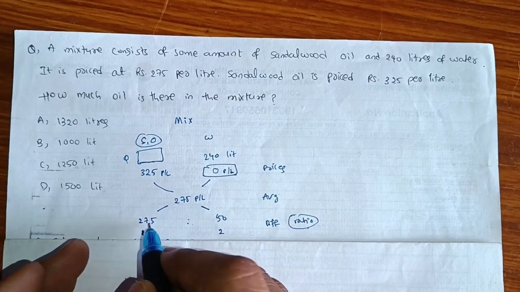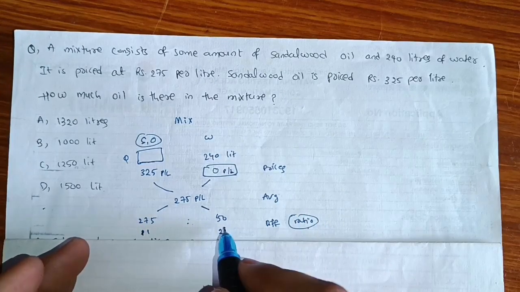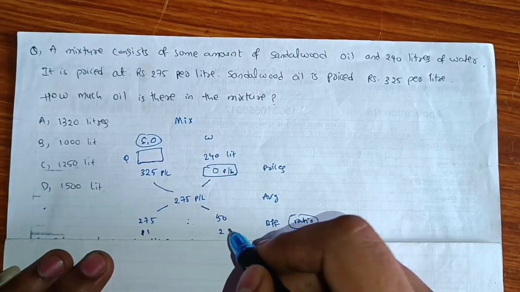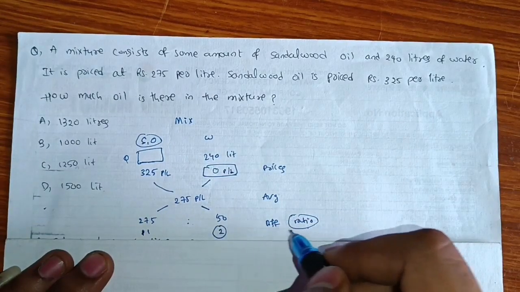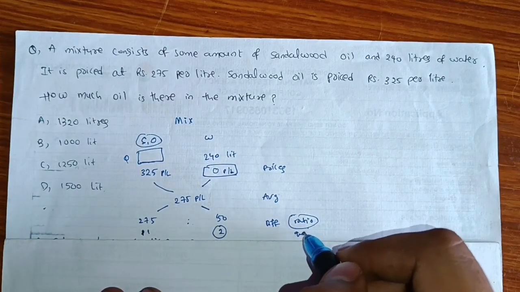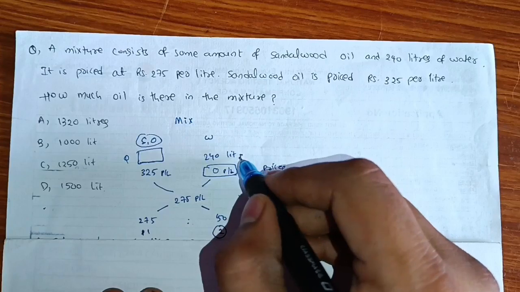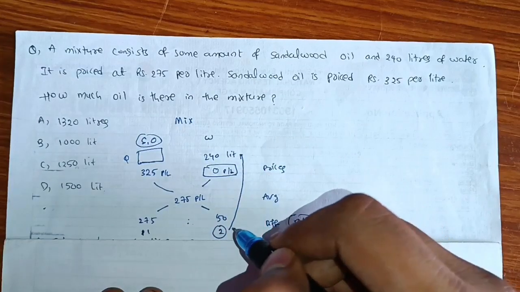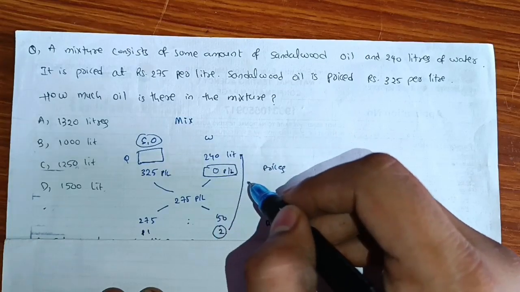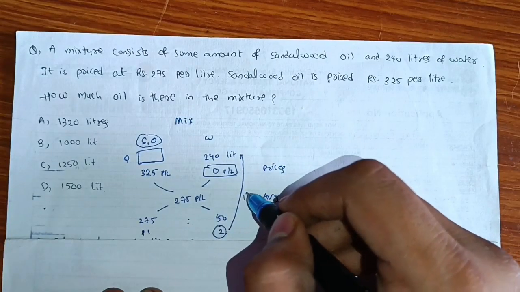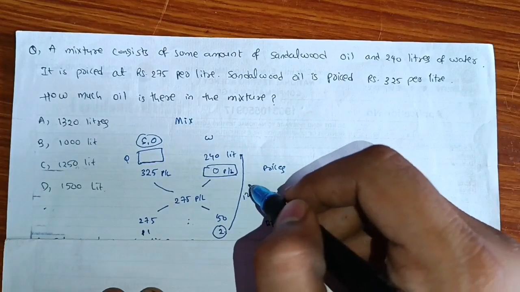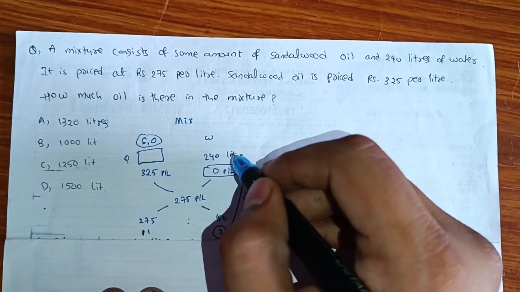So 25 times 11 is 275, and 25 times 2 is 50, so the ratio is 2 to 11. Here you can see it is a ratio of quantity, but the actual water quantity is 240. The ratio we got is 2, but actually it is 240. So we multiply 2 by 120 to get the actual quantity.